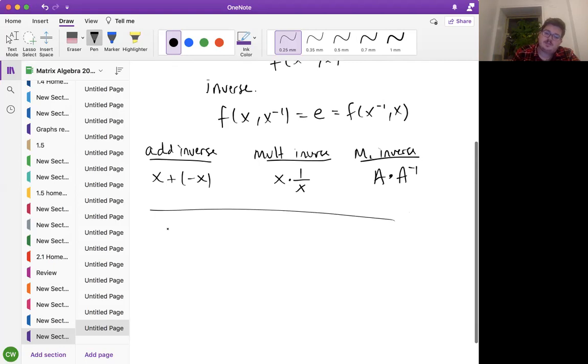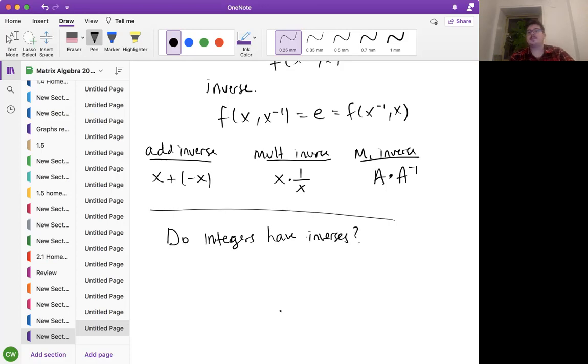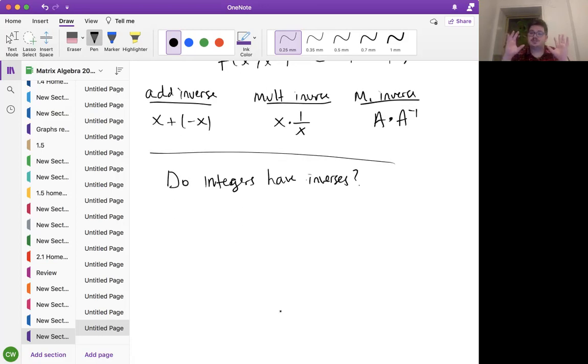Do integers have multiplicative inverses? So within the set of integers, do there exist inverses? Yes or no? It's the last thing, then we're done. We're at 8:15.